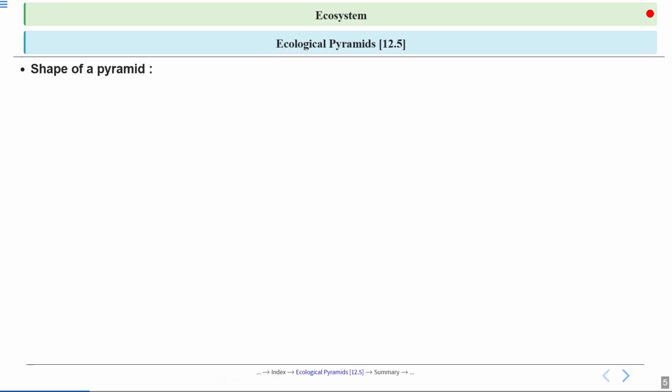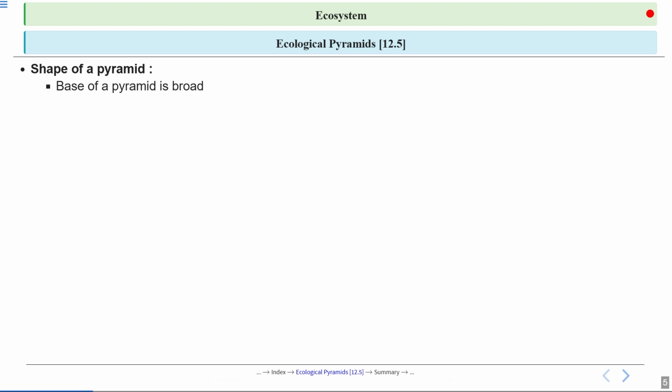Let's start by discussing the shape of the ecological pyramid. Now, the base of the ecological pyramid is broad. The wide, broad base of the pyramid represents the largest group of organisms in an ecosystem. This is because there is a huge amount of energy available at the first trophic level.